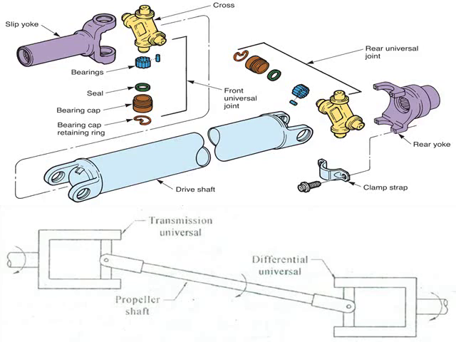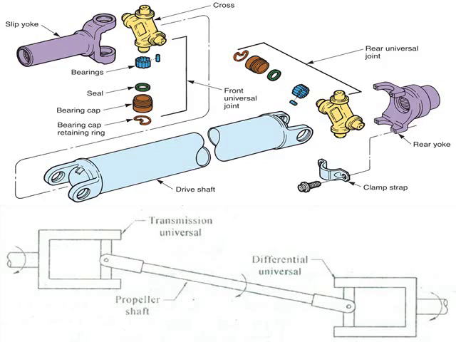The components of the drive shaft along with the universal joint: the first one, in the left topmost corner, you can see the slip yoke. In that circle, you can see internal splines. Then the cross. Then you can see the drive shaft and rear yoke.